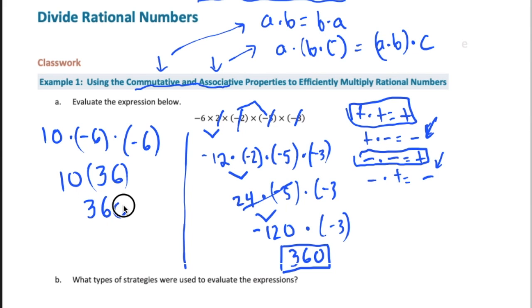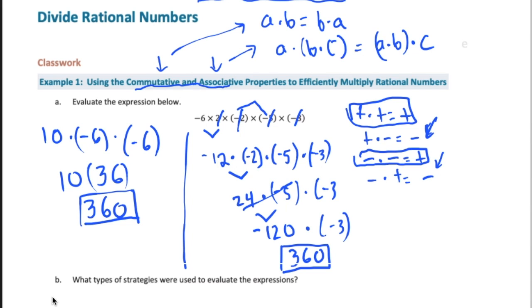We practiced how to multiply with powers of 10, so that was really simple. Moving numbers around helps me by creating shortcuts to solve these problems in an easier way. Okay, so to answer this question, what types of strategies were used to evaluate the expressions?